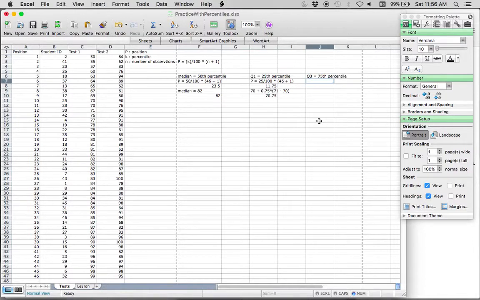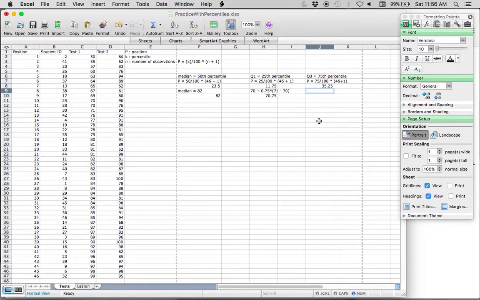So again, the position of the 75th percentile is 75 divided by 100 times 46 plus 1. And we'll have Excel compute that. And we get 35.25.